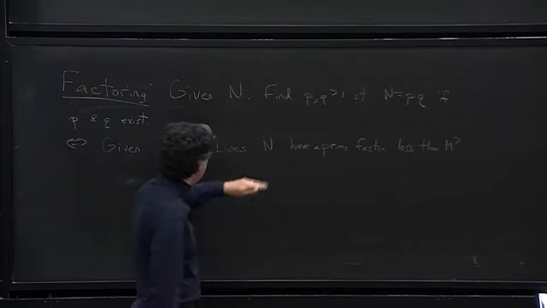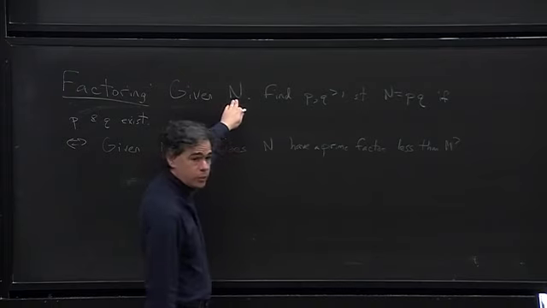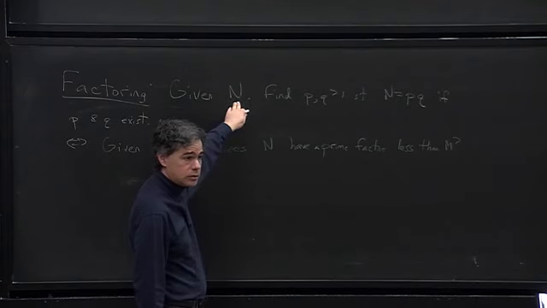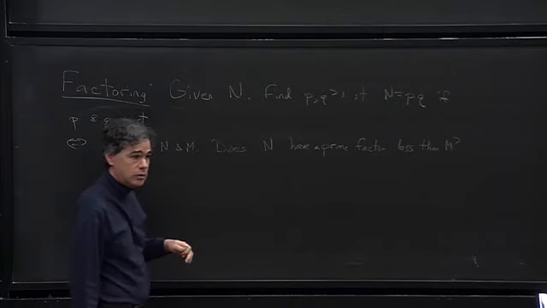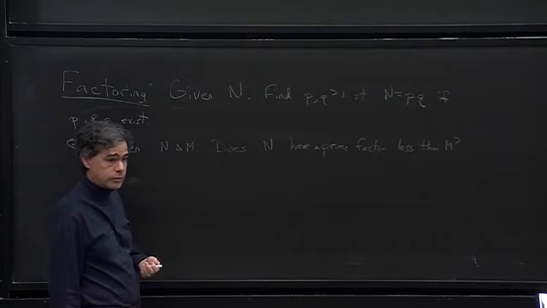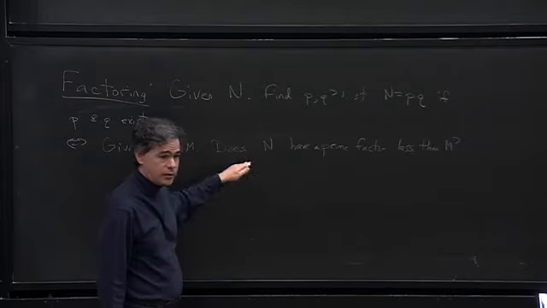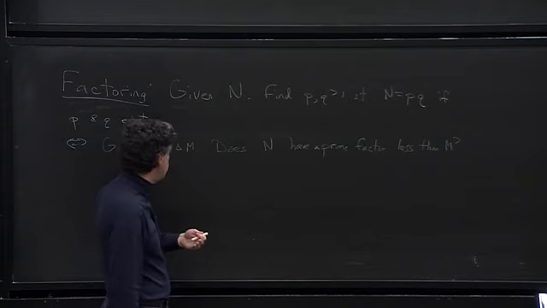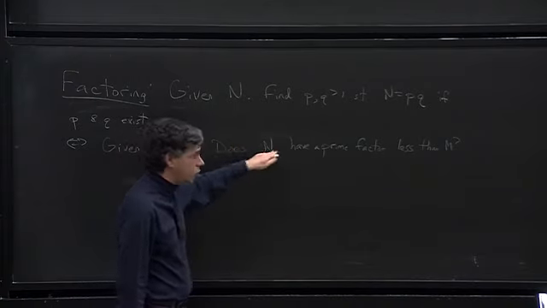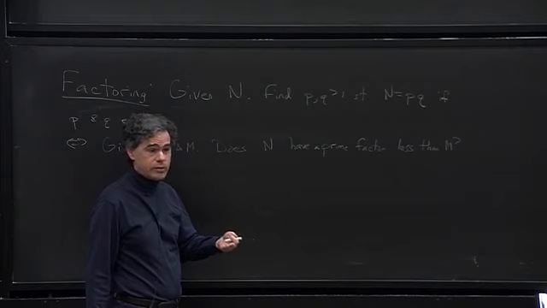The input size here is also log of big N, that's the number of bits you need to write down N, and M is obviously going to be less than big N, so it's still O of log N. So if you have an efficient algorithm to do this, that means it's polynomial in time in log N. And doing this subdivision gives you another factor of log N in there.